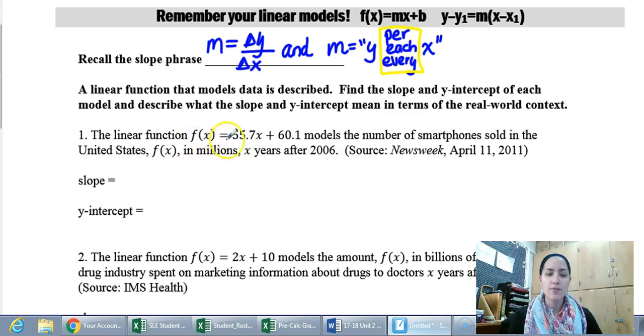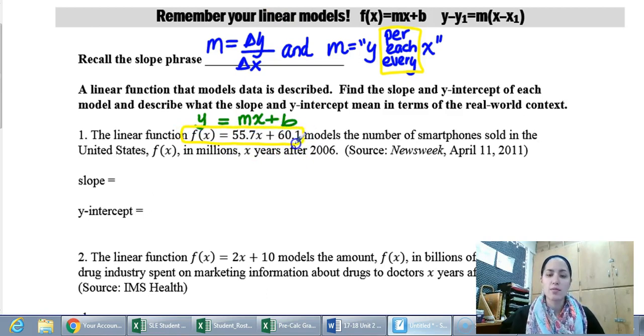So let's see, I have the function. And above it, I can help myself out. I know that f of x is the same as y equals, and I see 55.7x. Well, that's mx plus b. So this is nice because the model I was given was already set up for me in slope-intercept form.